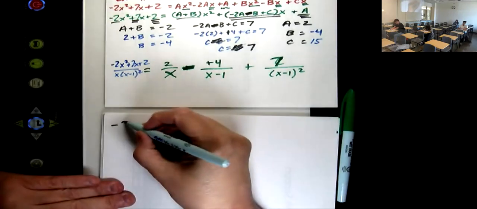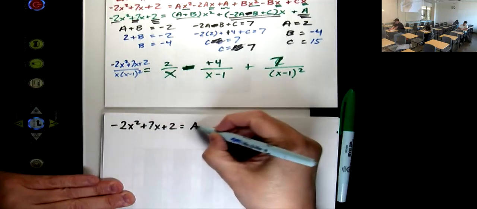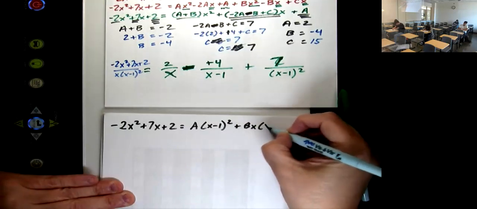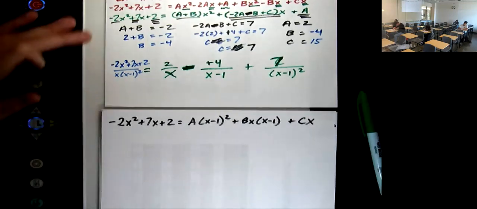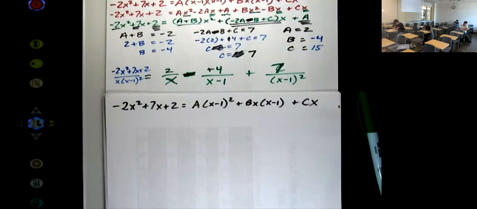And I had -2x squared plus 7x plus 2 equals A times x minus 1 squared plus bx times x minus 1 plus cx. And the reason why I think it's easier to treat this as clearing fractions is because what I'm about to do now, you can't do when there's a denominator.